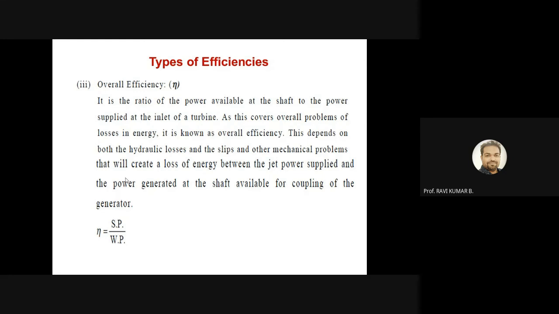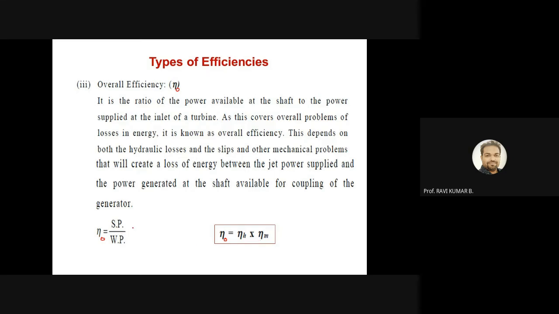That's why I'm writing here efficiency, or better, for good presentation, you also give some suffix to it. Instead of writing just efficiency, you write efficiency not. That is called overall efficiency, which is the product of hydraulic efficiency and mechanical efficiency.